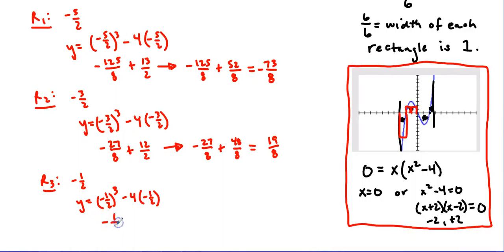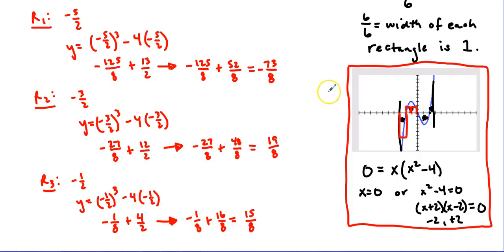That's going to be -1/8 plus 4 times 2 is 8 plus another 1, it's going to be 9/8. Sorry, not 9/8. That is, let's see, 4/2. Common denominator. Multiply this by 4 and we get -1/8 plus 16/8, which leaves us with 15/8 as the height.